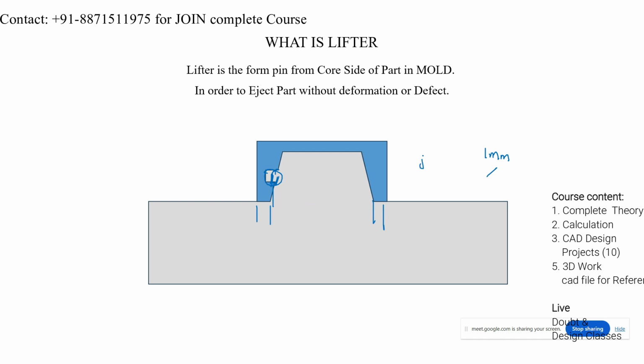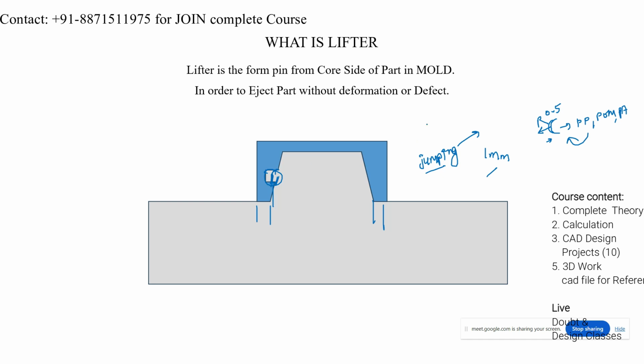Correct. What I told you about the jumping out process: there is a condition. The condition is that it should be a radius, and how much radius? 0.5 or less than 0.5, or the material should be flexible like PP, POM or PA, so we can use the jumping out process.